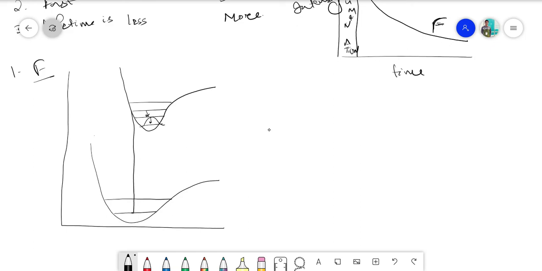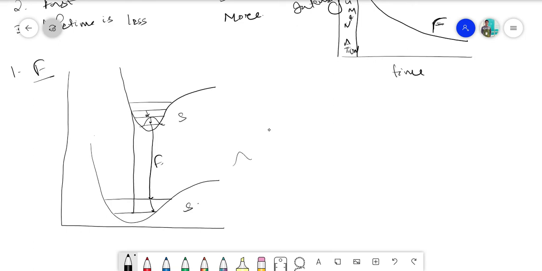Obviously, this is the most stable state of the molecule in the higher electronic state. From here, it is going to come down to here or maybe even here, wherever is the maximum probability. This is the process that is occurring, and there is no change in spin multiplicity. This is singlet, this is singlet.